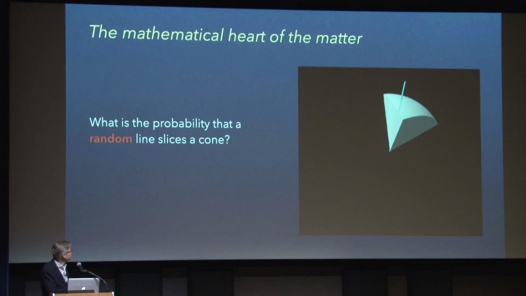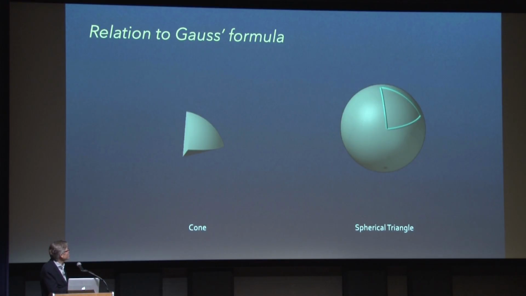And you can recognize that what's really going on is that when the line emerges from the cone, you can imagine that there's a sphere and that the cone is something whose boundary is just inscribed on the sphere in this way.